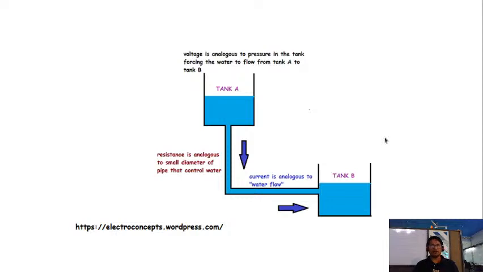Now with an analogy, we will understand the basics of electronics, which is voltage, current, and resistance. In this video, guys, I'm going to cover the electronics part. If you want to build a full-fledged robot, three things are required. First, you need to know how to make the circuit diagram and how to build circuits. Second, you will learn how to build the body of the robot, how to create a structure, how to create a four-wheel robot.